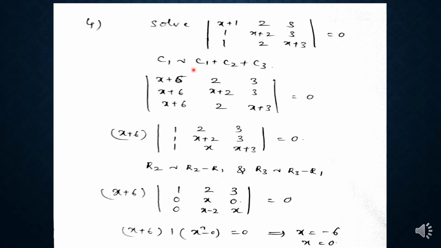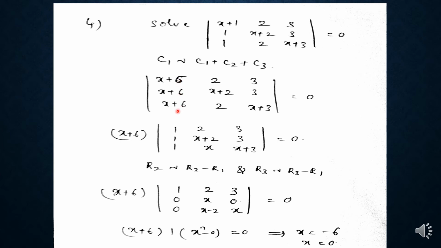C1 is changed as C1 plus C2 plus C3, that is x plus 1 plus 2 plus 3, that becomes x plus 6. 1 plus x plus 2 plus 3, that becomes x plus 6. 1 plus 2 plus x plus 3, that becomes x plus 6.